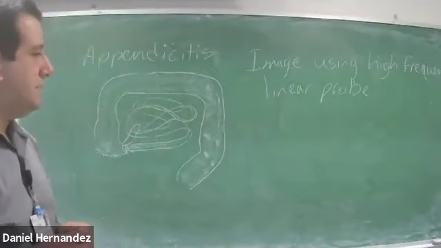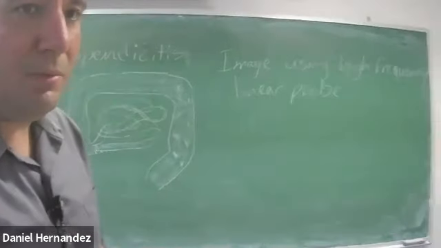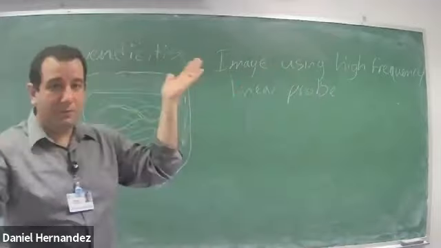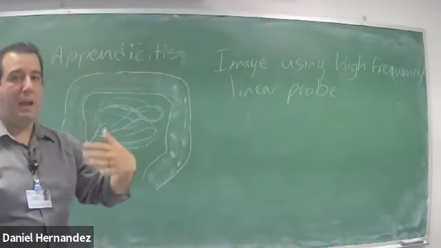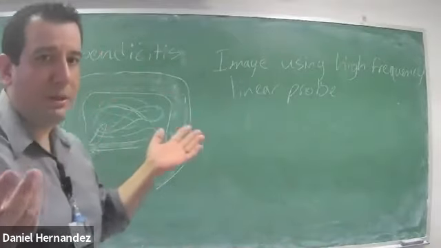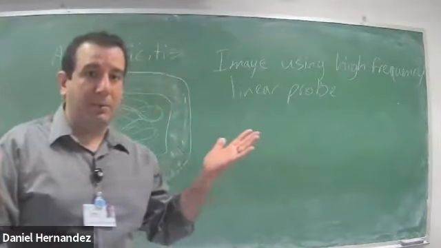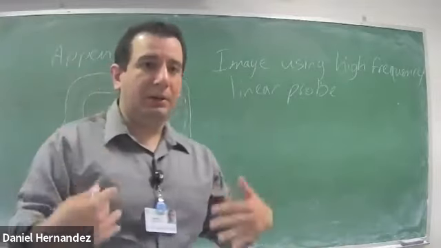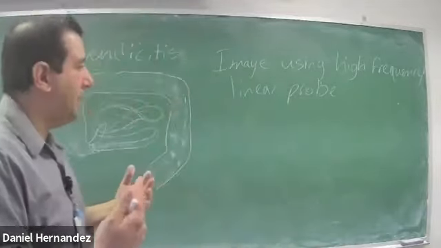So in these cases with appendicitis, our radiologists liked us to start with the highest frequency possible and work your way backwards. So start with whatever's available to you. In our lab, it was a linear 14 megahertz probe, which is really high frequency. Then we'd slowly work our way backwards depending on the patient's body habitus.